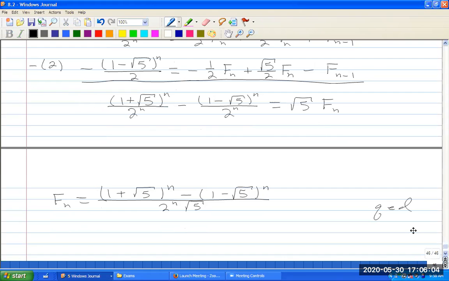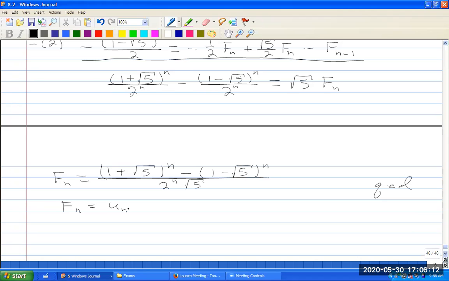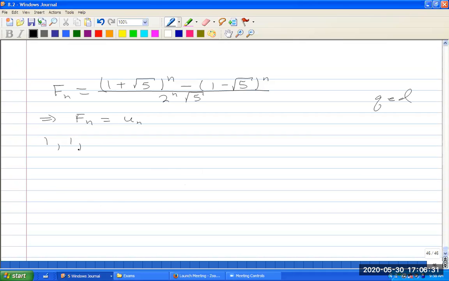So I've basically shown that indeed the Fibonacci sequence can be written as that formula. It's sort of amazing that you can write 1, 1, 2, 3, 5, 8, 13, 21, etc., using this formula.